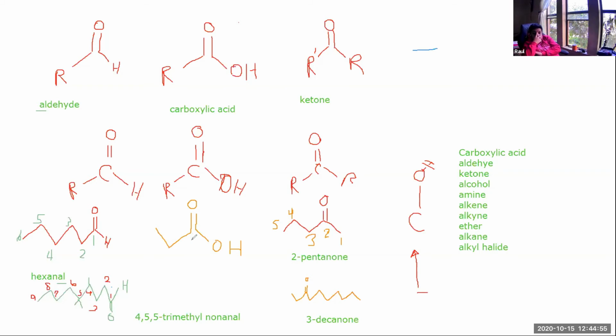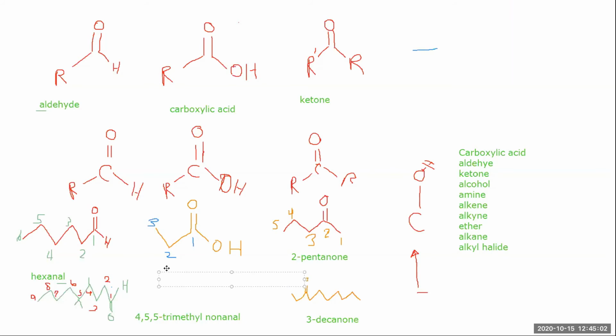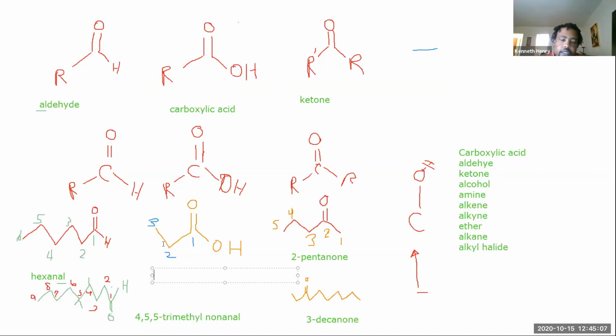Yeah. Okay, so in this case, this guy is going to be 1, 2, 3. So there's 3 carbons. What do we call a 3-carbon chain? Prop. Prop. And then here we put AN because they're all single bonds. And then we put oic acid. So propanoic acid.